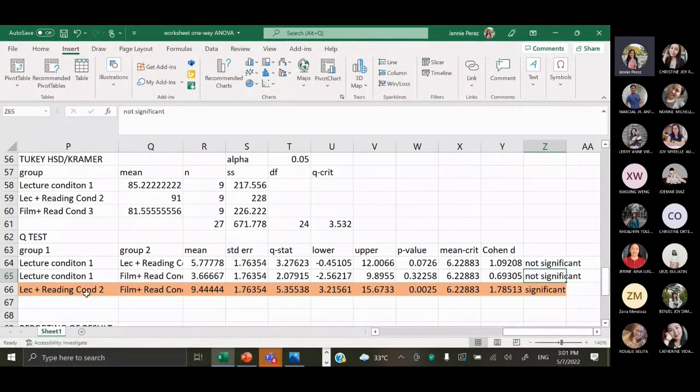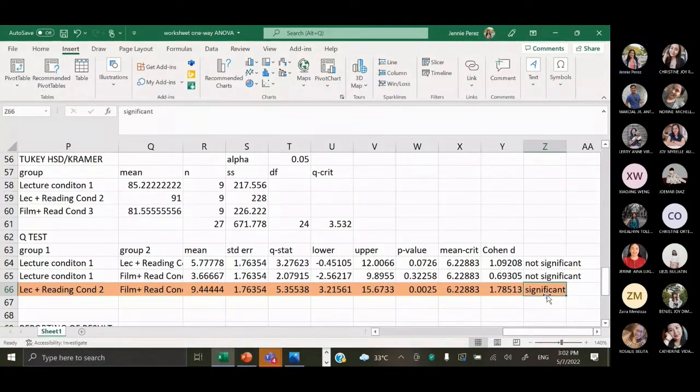Then the third pairwise combination, that would be between the lecture plus reading condition and the film plus reading condition. It is significant. It has a p-value of 0.0025 and its Q-stat is 5.35, which is higher than 3.53. Hence, it is significant.